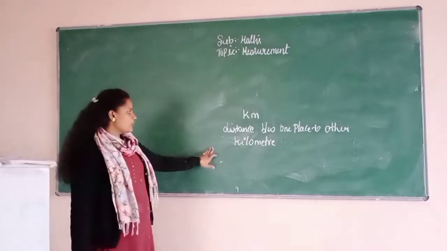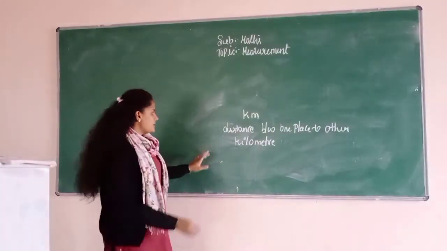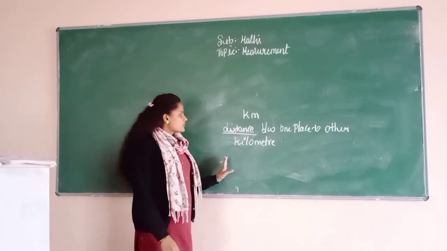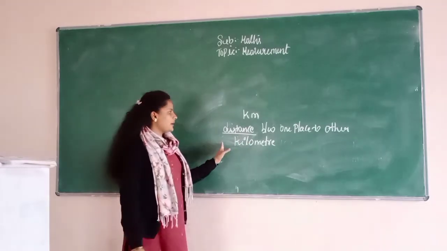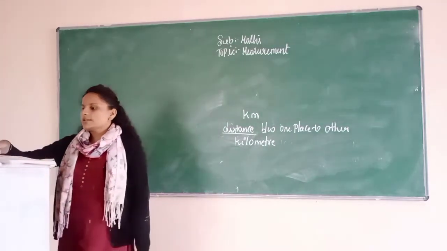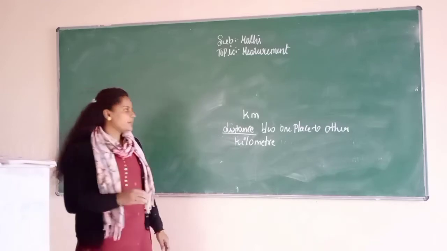Why do we use the kilometer? To measure the distance between one place and another place. Kilometer is used to measure the distance. And 1 kilometer is equal to 1000 meter.